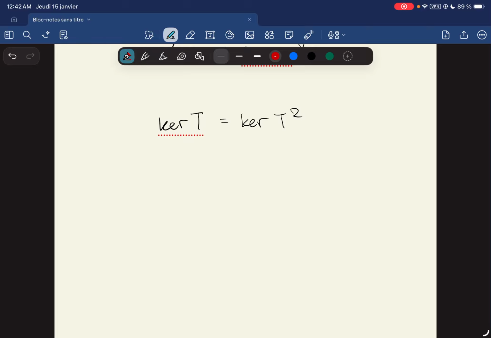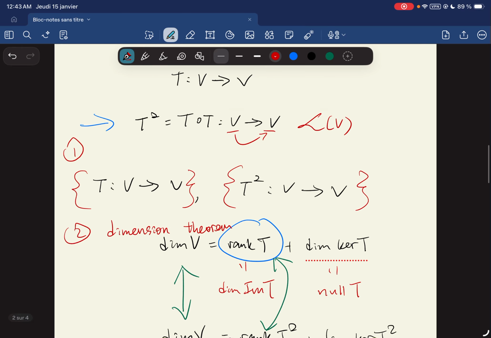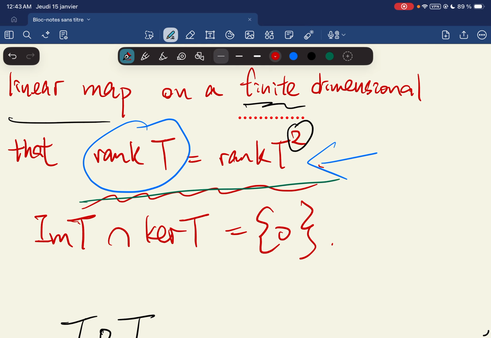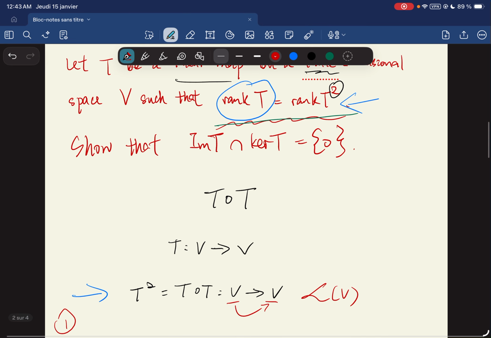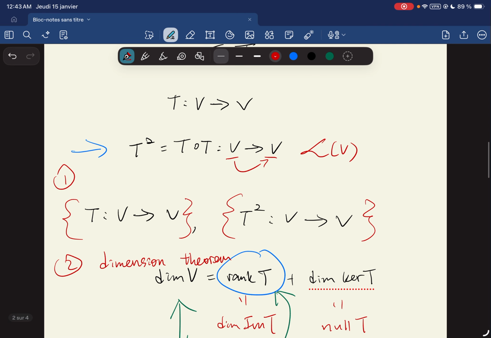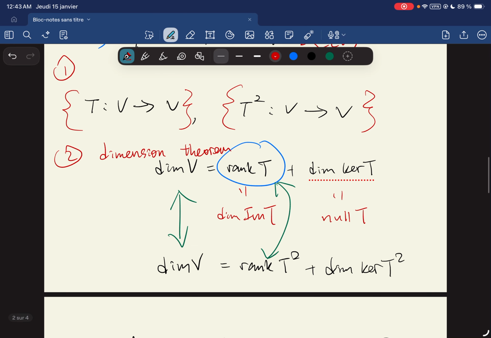It's by trial and error. For example, when we see that there's a T squared or T composite itself, we should have the sense that we should try to construct two equations based on the dimension theorem.